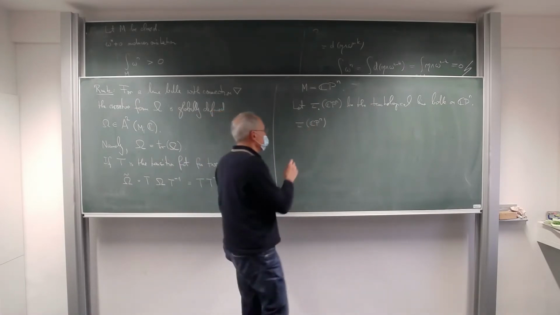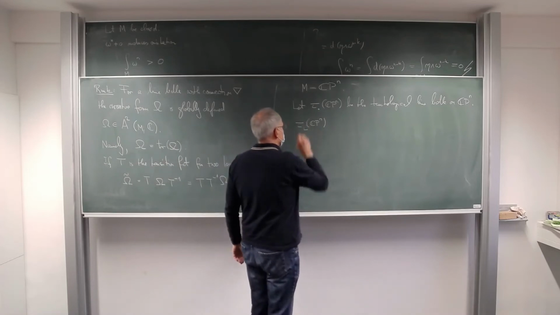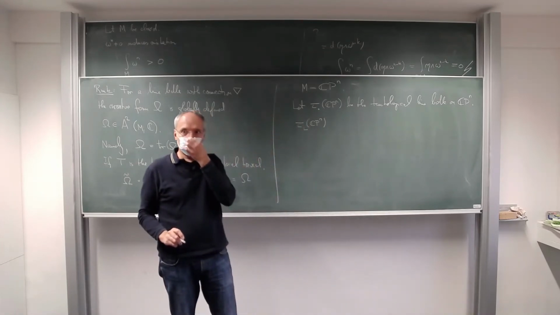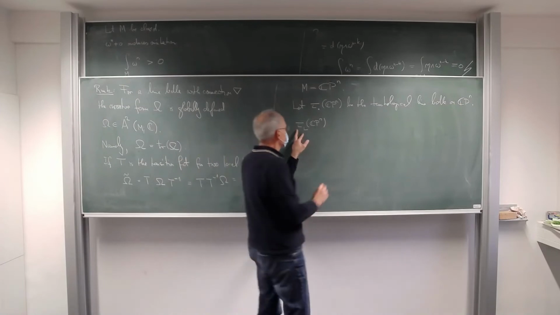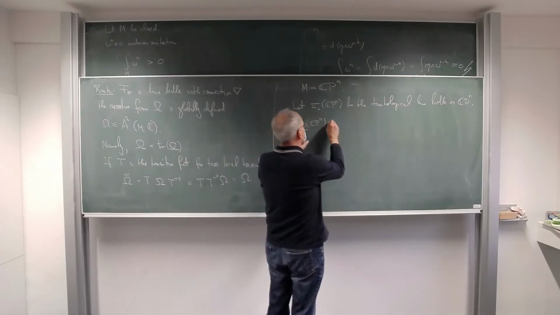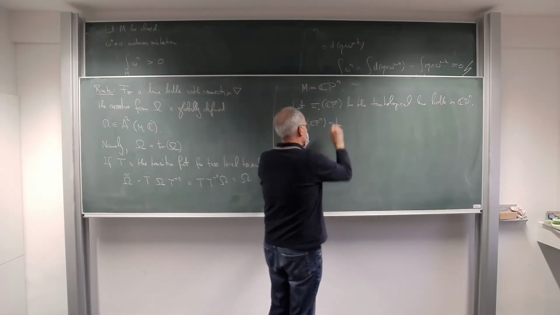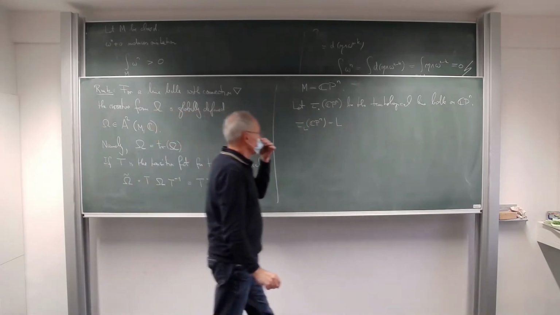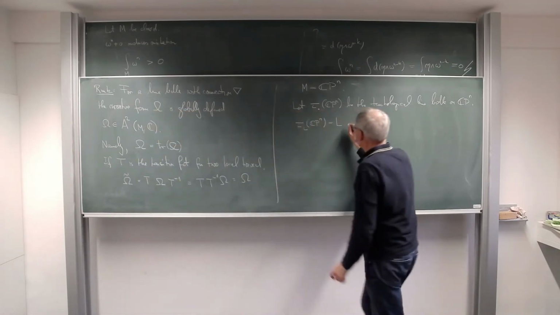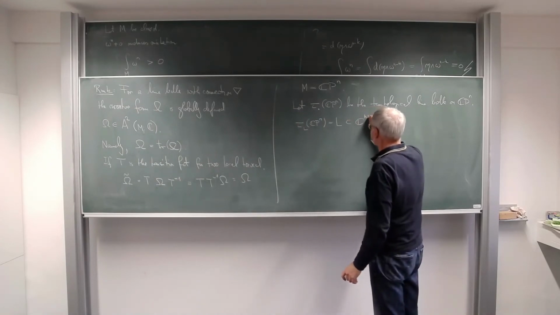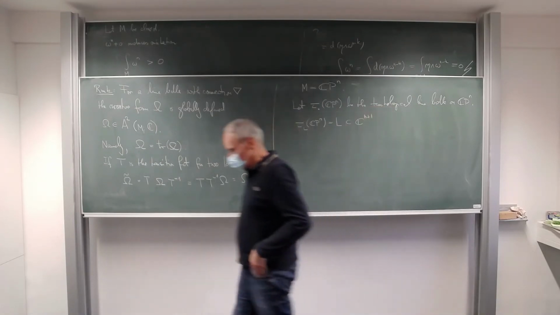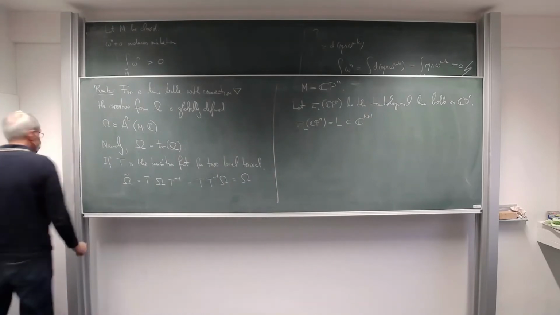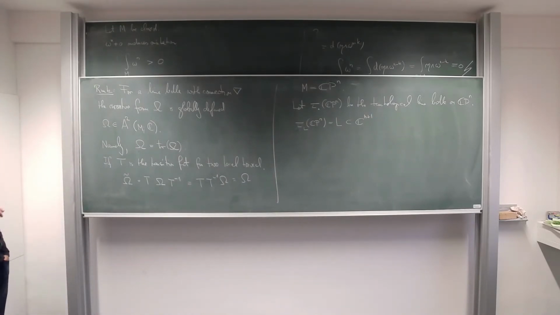So if I have a point in this manifold, call it L, then the corresponding fiber is just L. So that was the construction. That is a one-dimensional subspace of C^(n+1).